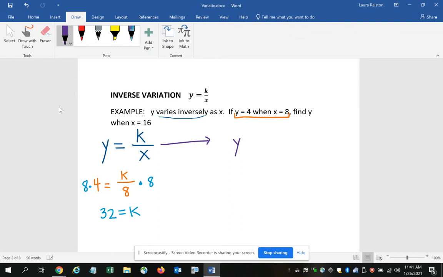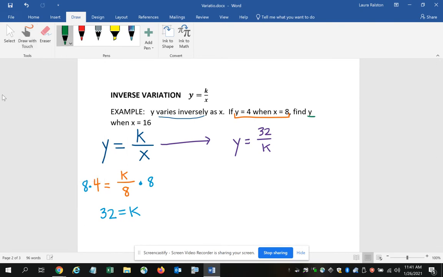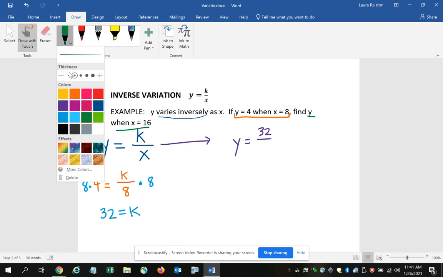Then at that point, you come back to your formula. So we have y equals 32 divided by x. I noticed I've got a little error here. I put k instead of x. I apologize for that. Then I should be able to find y using the second piece, because it says find y when x is 16. Again, that becomes a plug and chug.